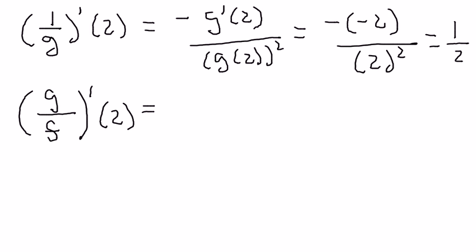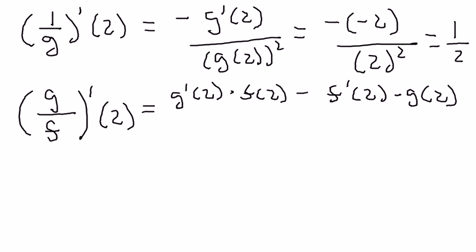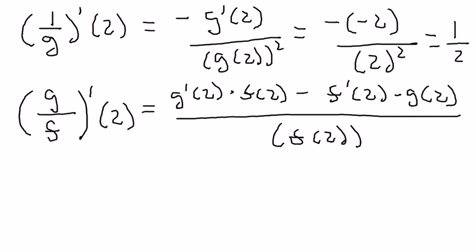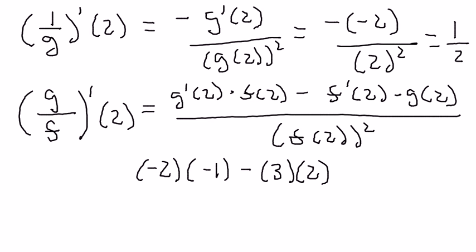So this is going to be g prime of 2 times f of 2 minus f prime of 2 times g of 2 over f of 2 squared. If I plug in all the values, then I get negative 2 times negative 1 minus 3 times 2 over negative 1 squared. And simplify all that, I get negative 4.